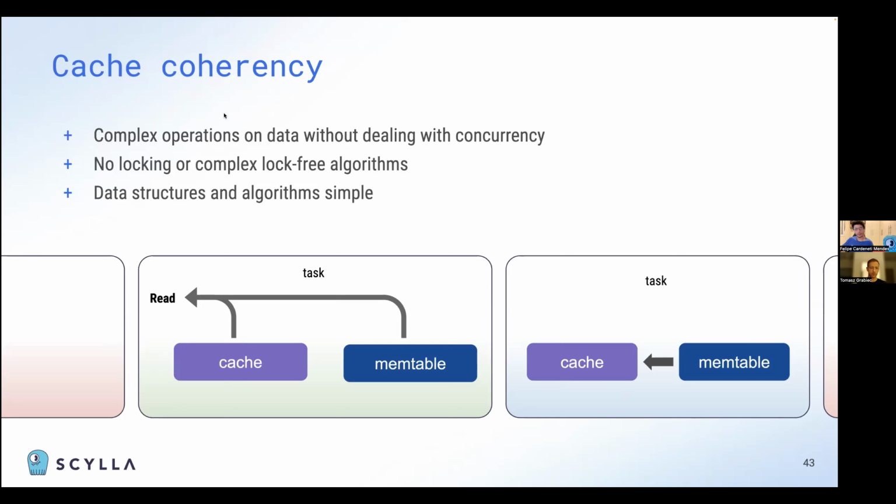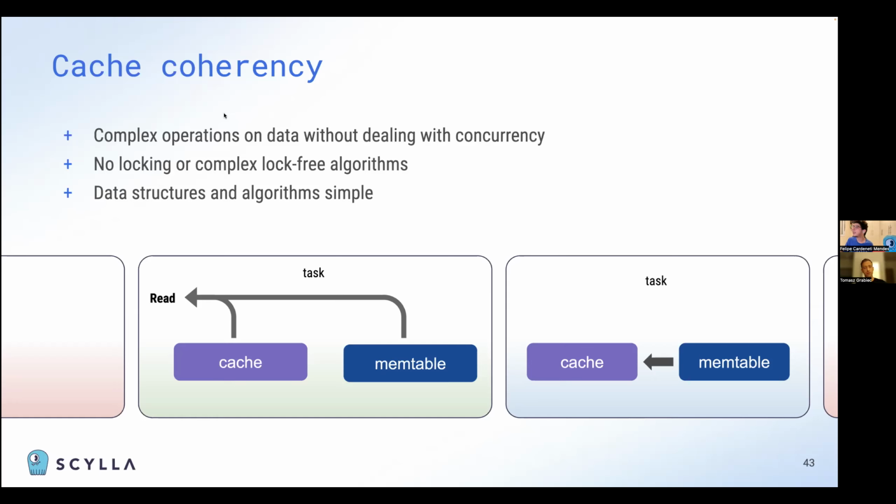implementing the algorithms. For example, you can have a single task which performs lookups in both the cache and memtable, and it will have a consistent view on the state of the data because it excludes any other task. And the data structures can be simple.